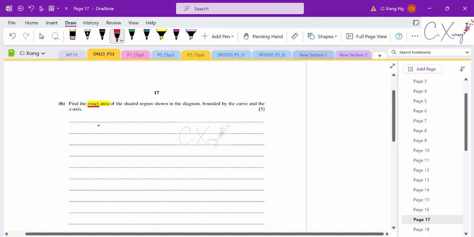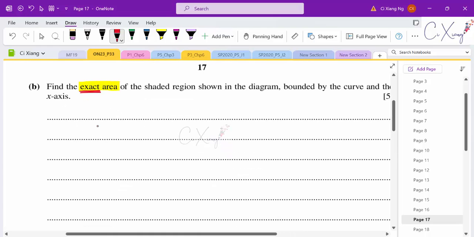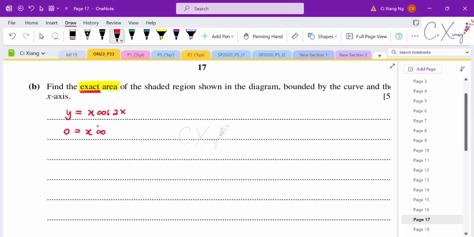So first we will need to let y equal 0 to get the value for x. So I'm having this original equation, x cos 2x. When I let y equal 0, I'm having two equations for solution. I'm having x equals 0. Another one, I'm having cos 2x equals 0.